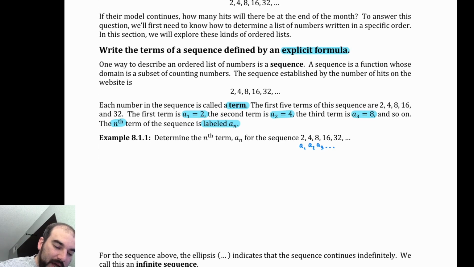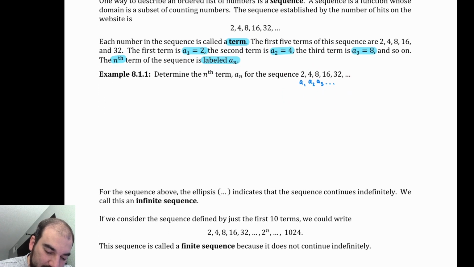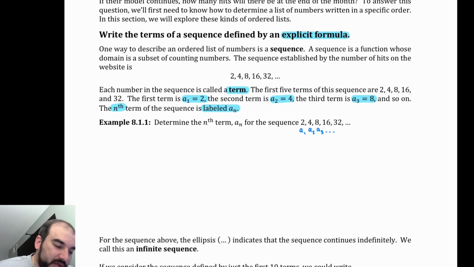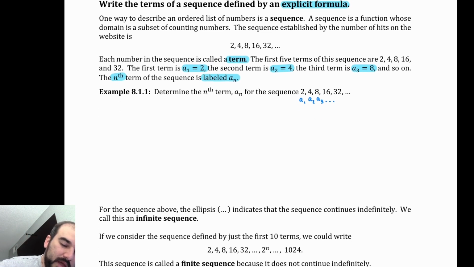Determine the nth term for the sequence given here. This is going to be essentially pattern recognition as far as the first section of Chapter 8 goes.